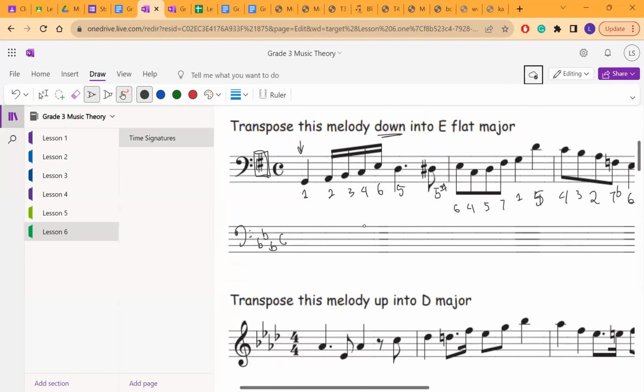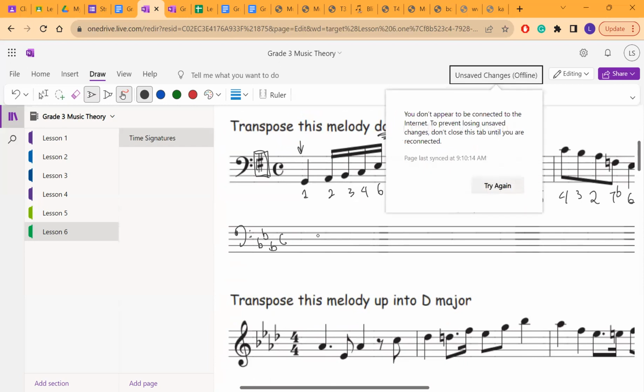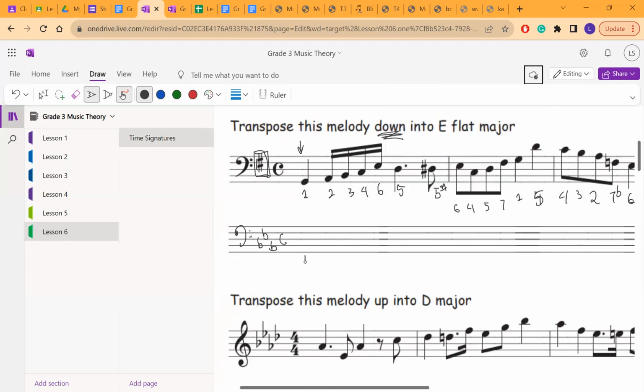It asks us to transpose this down into E flat major. So that means we have to go down here.